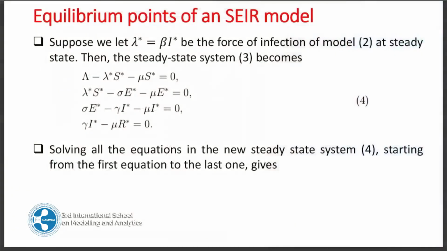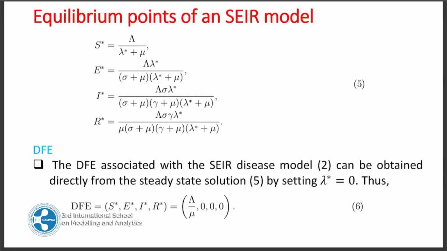So from 2, we are able to get E. Moving on to the third equation, we are going to get I. If we move into the fourth equation, we get R. Solving all the equations in the new steady state system 4, starting from the first equation to the last one, we are going to get this. Do we agree with this solution? It's straightforward, isn't it?